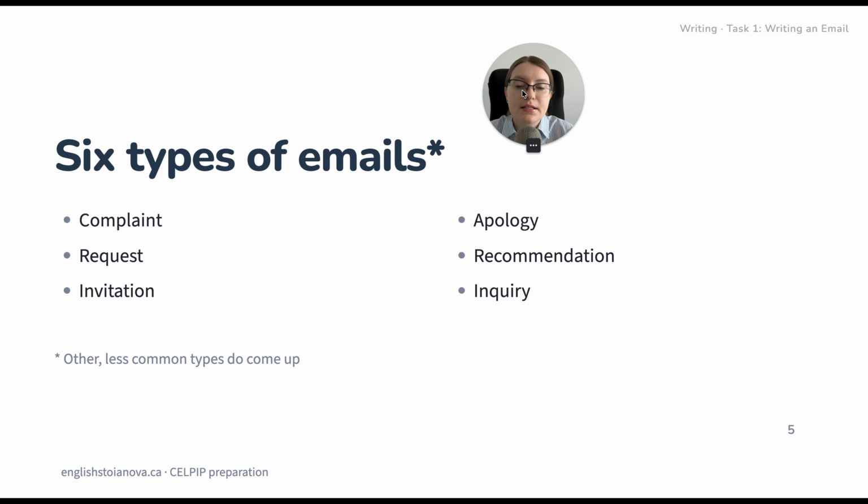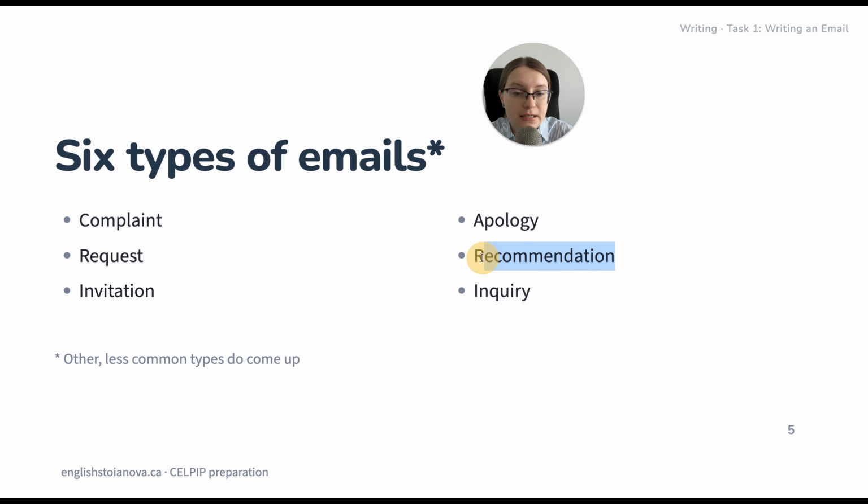There are 6 types of emails. However, I want to say that there are some other types, but most commonly we have complaint. So you're complaining to somebody about something, you're requesting some information, or you're requesting some clarification about something. You're inviting somebody also. You're apologizing to a colleague, to a friend, so it can be formal or informal.